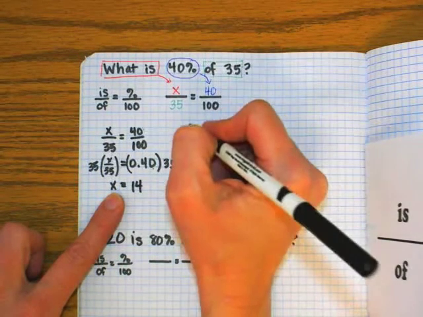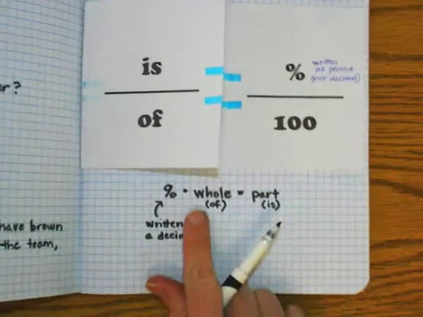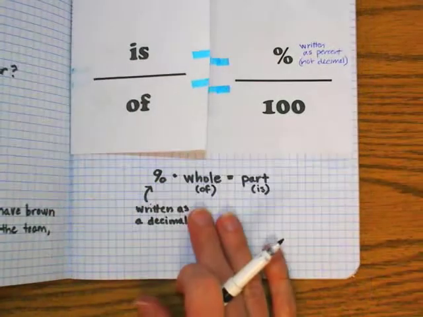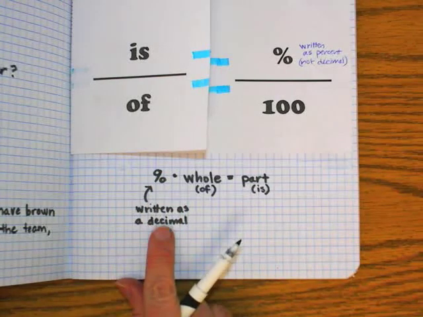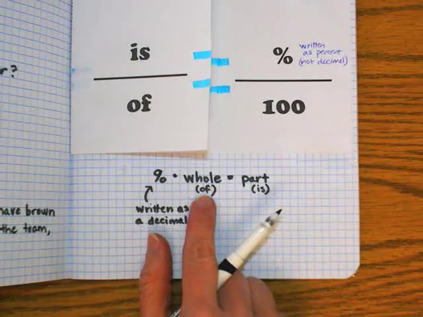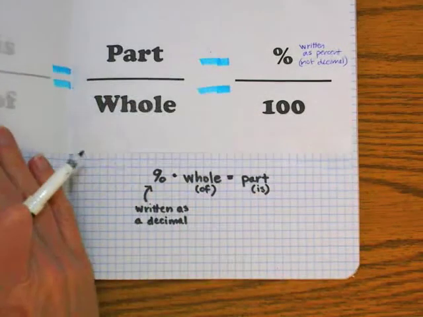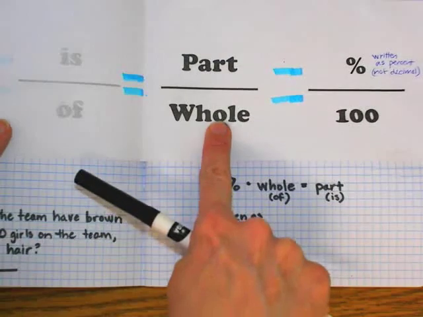Solving another way, remember we have this equation written down on the right side below your foldable. The percent, written as a decimal, times the whole value, which corresponds to the of part here. So of is the same as the whole.